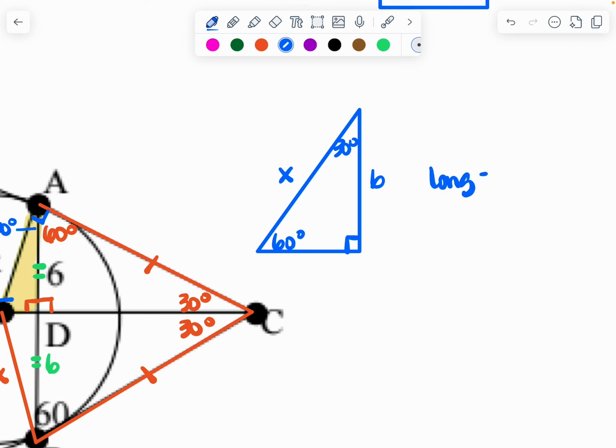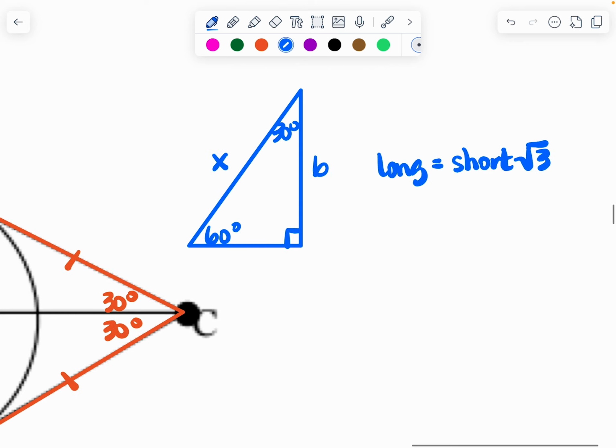So I know that in a 30, 60, 90, the long leg is short times square root 3, right? So long 6 equals short root 3. Remember, this is the short leg, not x. X is the hypotenuse, but I've got to find the short leg before I can find the hypotenuse.